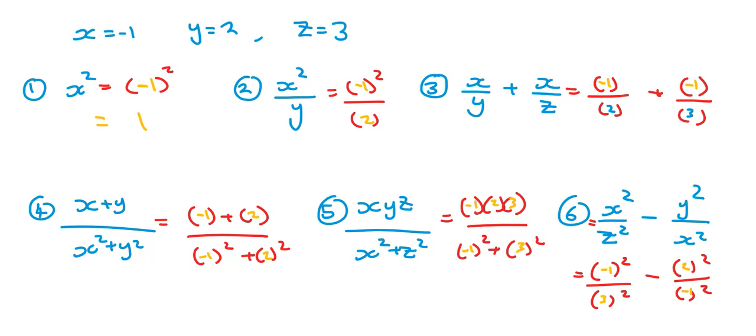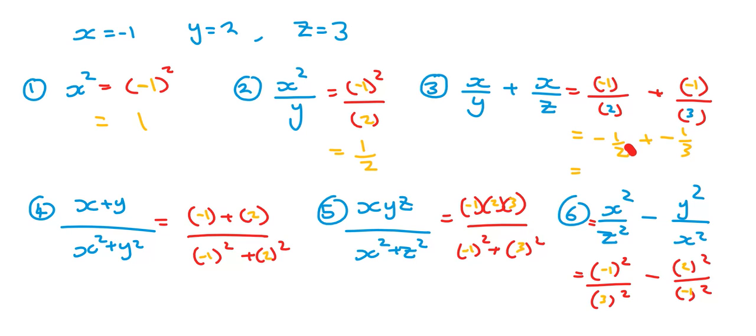It just gives 1. That gives just 1 over 2. This gives -1/2 plus a -1/3. So let's make the denominators the same.